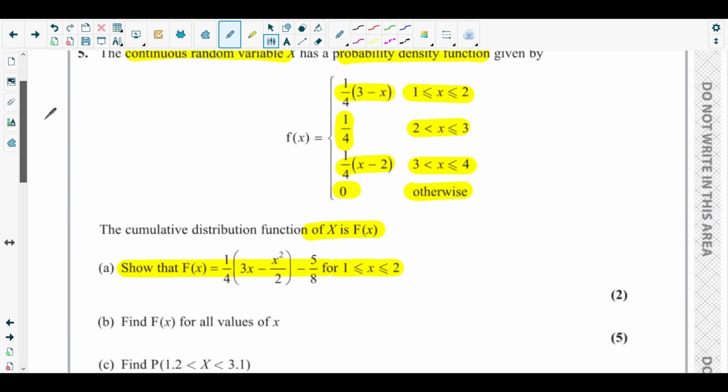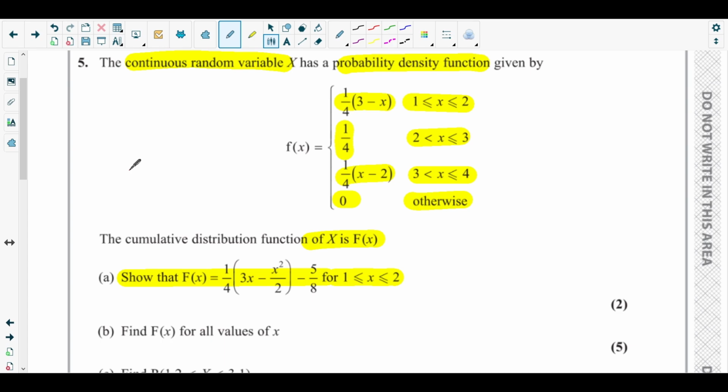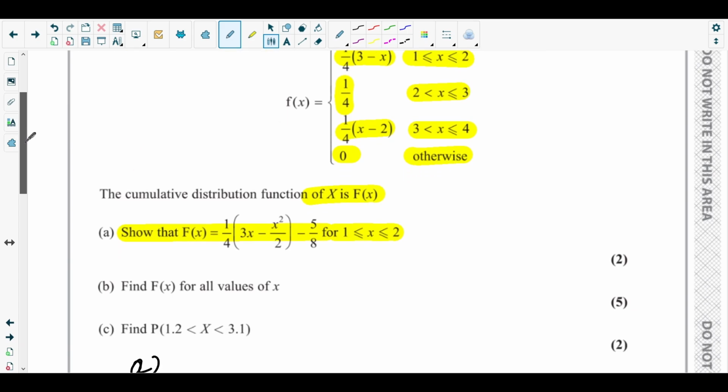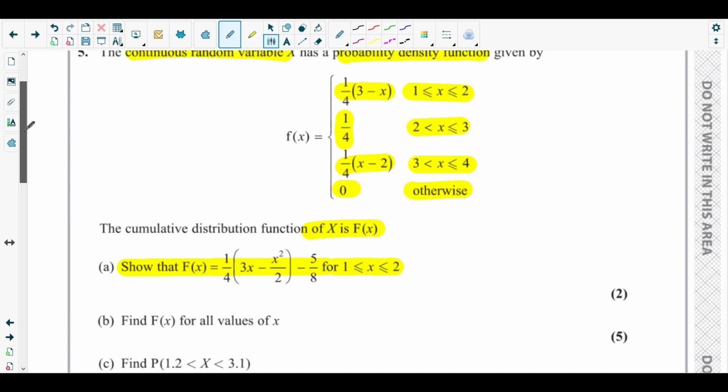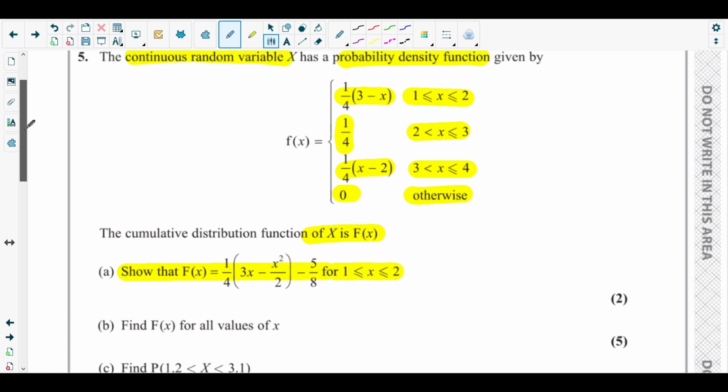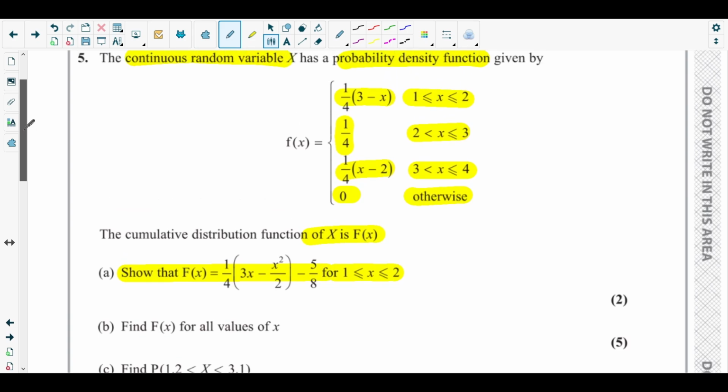We know that the cumulative distribution function gives us the cumulative probability, and this is basically the area under the PDF graph. So we need to integrate the PDF within that interval to get the CDF.